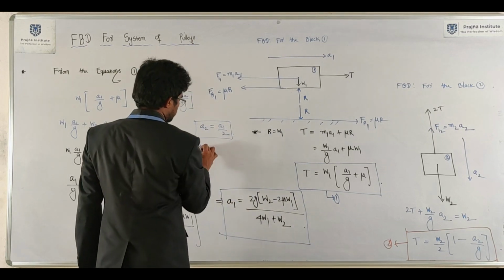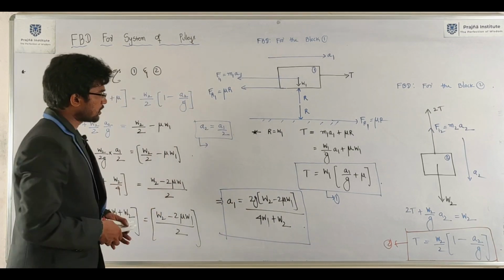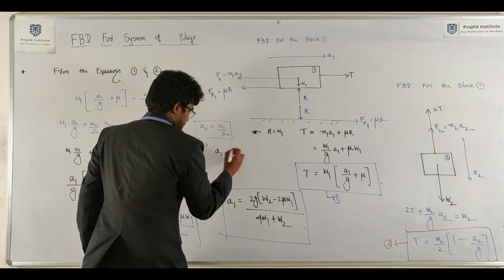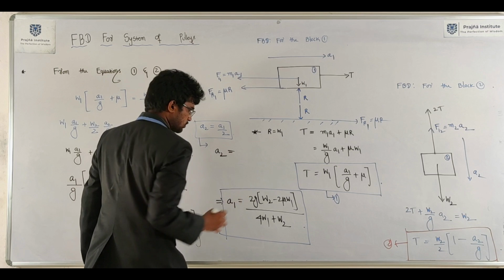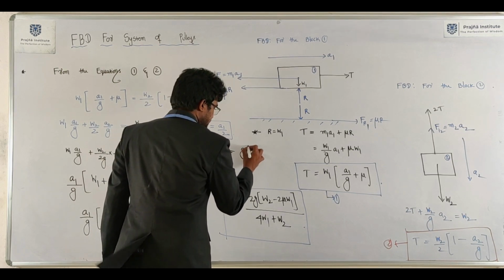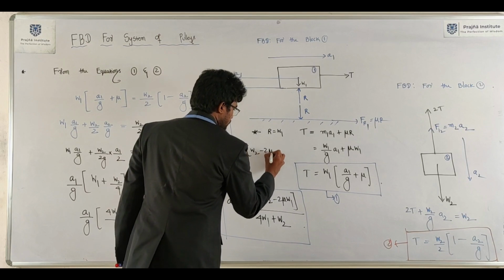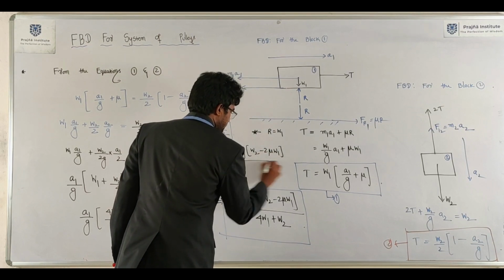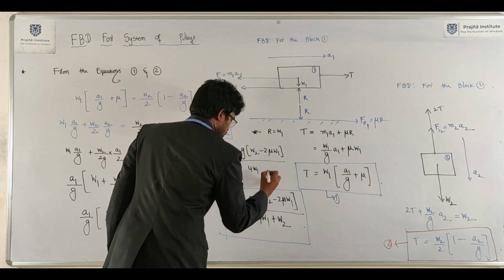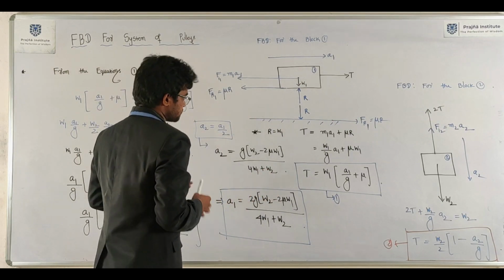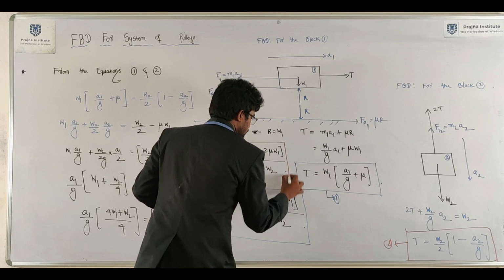We know that a2 equals a1 by 2, then a2 is equal to g into W2 minus 2 mu into W1 by 4 W1 plus W2. These are the expressions for acceleration of the two blocks.